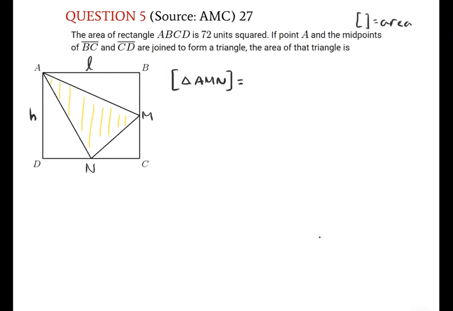So the area of this triangle is just equal to the area of the rectangle ABCD minus the area of the triangle ADN minus the area of the triangle MNC minus the area of the triangle ABM.